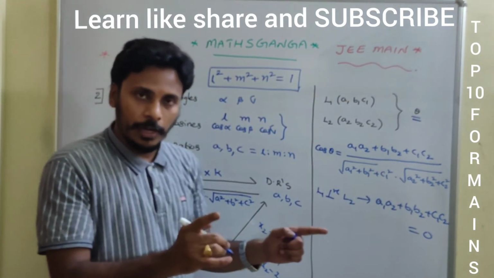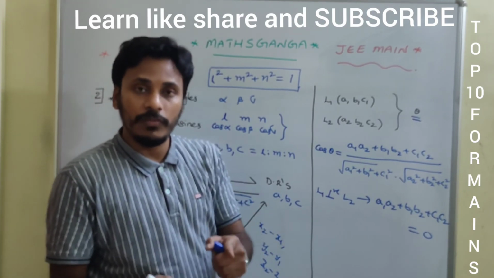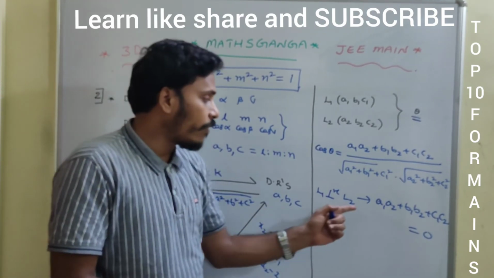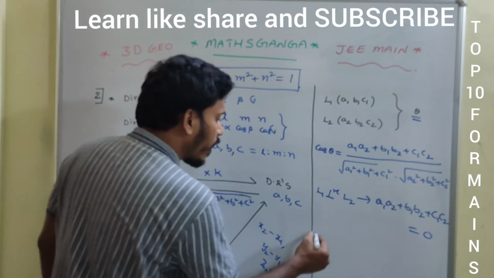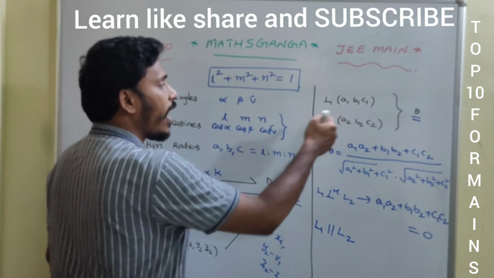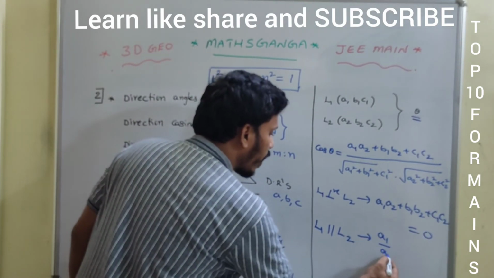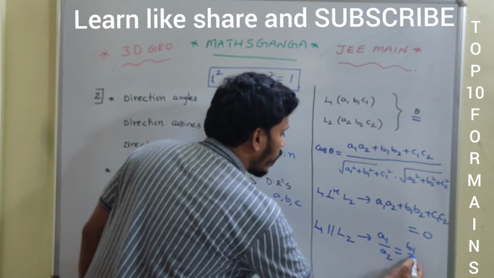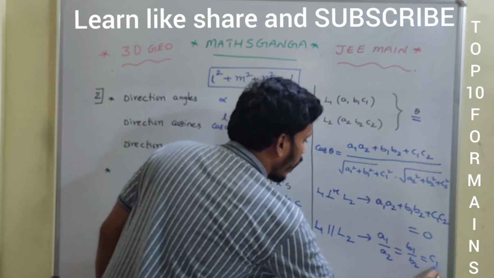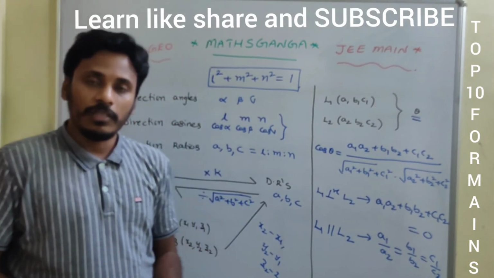If two lines are perpendicular and the DRs of those two lines are A1, B1, C1 and A2, B2, C2, then we have this particular condition. As well, if L1 is parallel to L2, having these DRs, then it is very clear that they are in the same direction. So the ratio between their DRs also will be the same: A1 by A2 is equal to B1 by B2 is equal to C1 by C2.